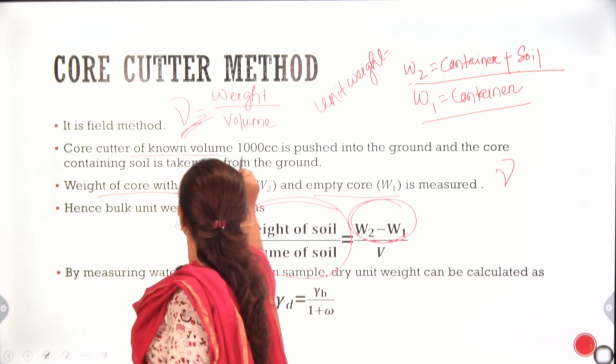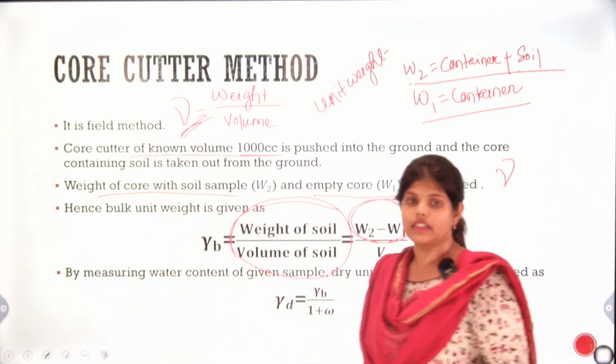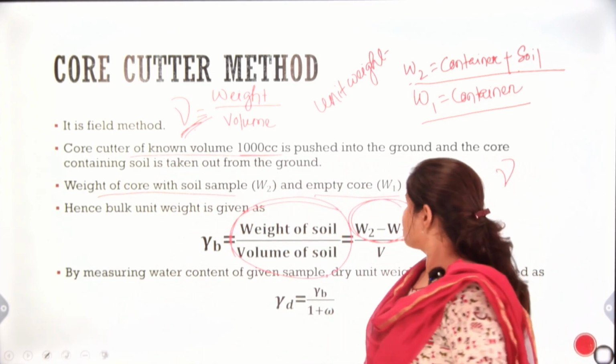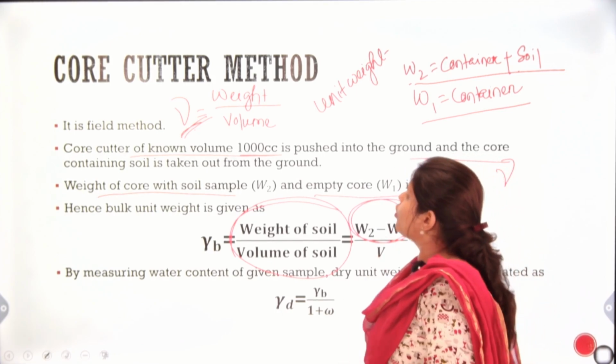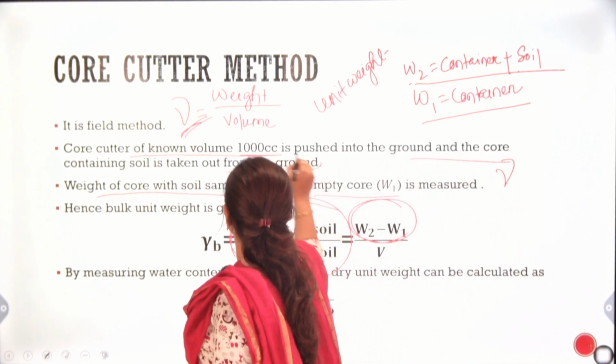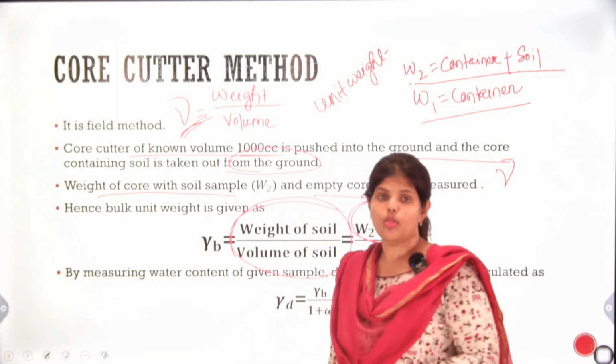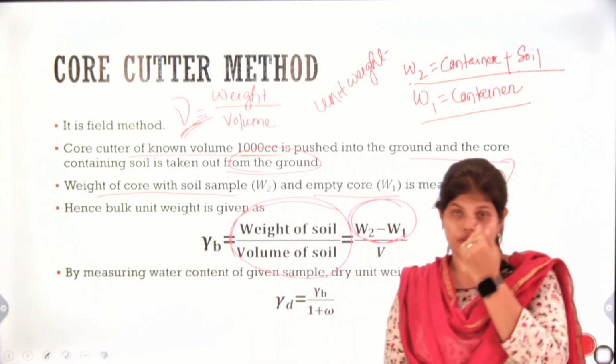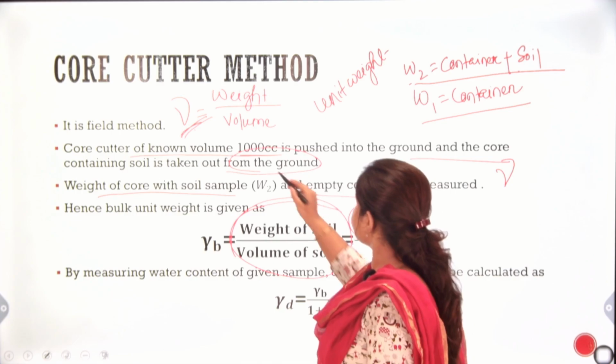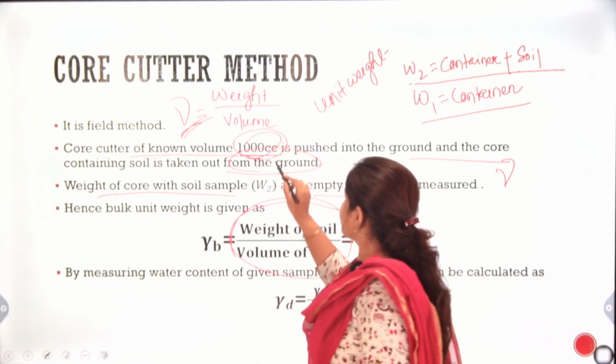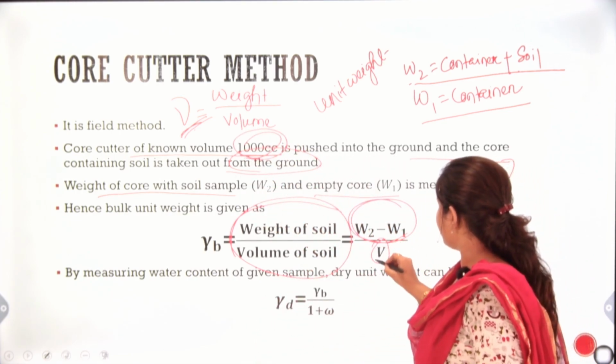The core cutter of known volume, that is 1000 cc, is pushed into the ground and the core containing soil is taken out from the ground. So the volume of core cutter is already given, and we take that as volume.